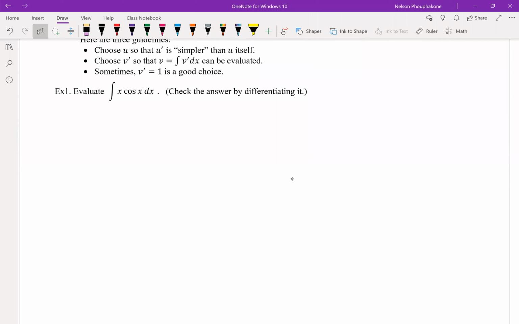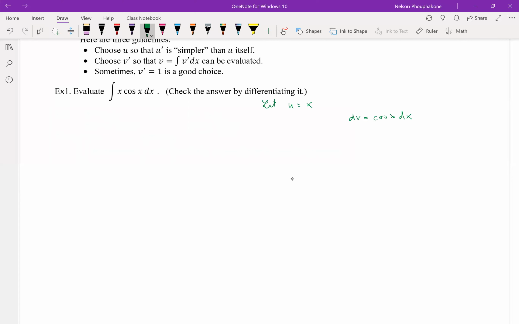First of all, I would like to integrate x times cosine of x dx. What is my first choice? We could let u equal x and dv equal cosine of x dx.